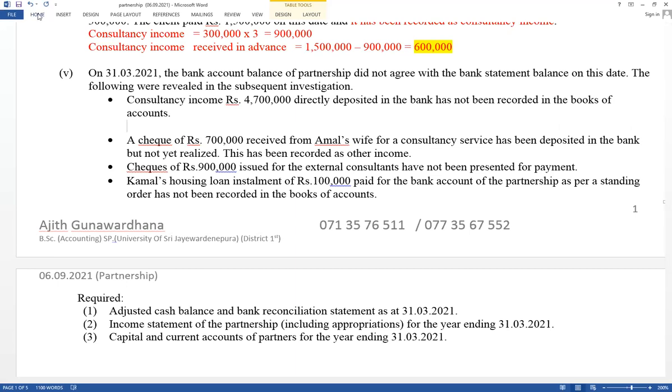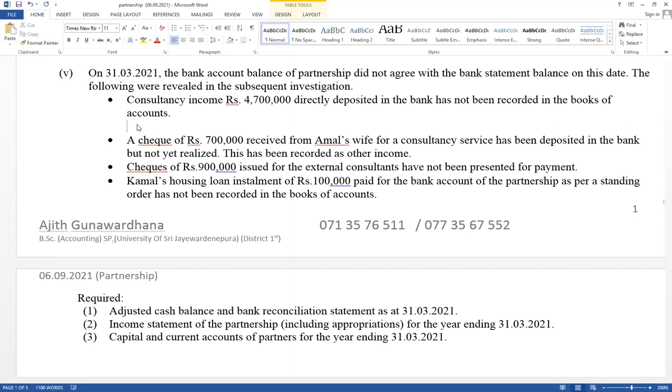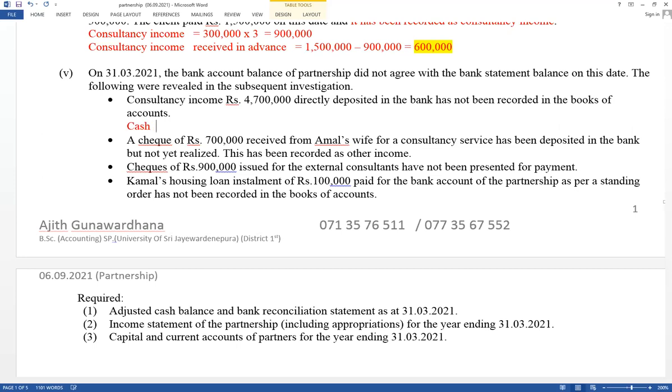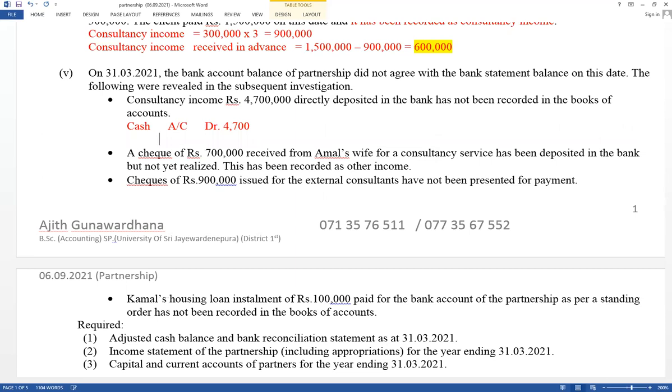Here, write down the double entry. Cash account debit 4,700 and consultancy income account credit. That value also should be considered as consultancy income.